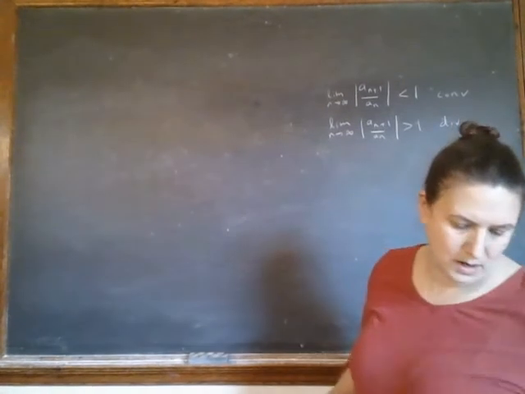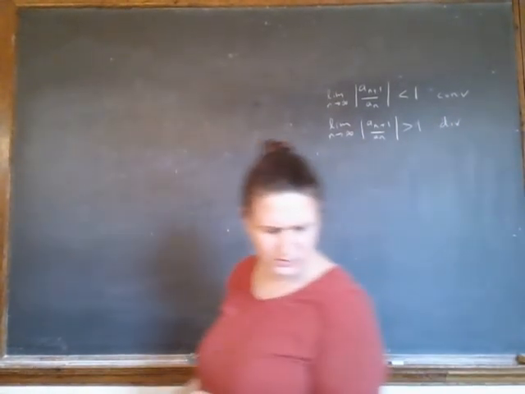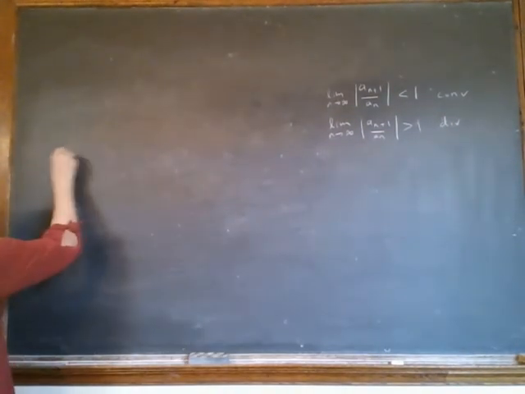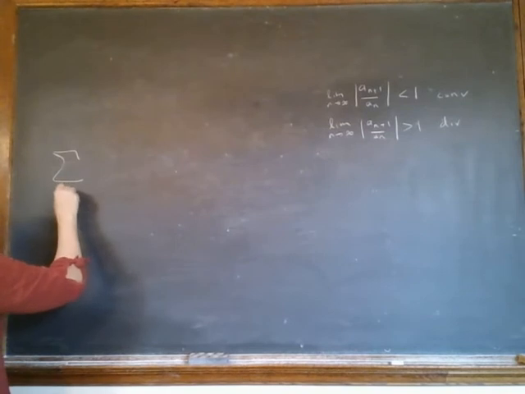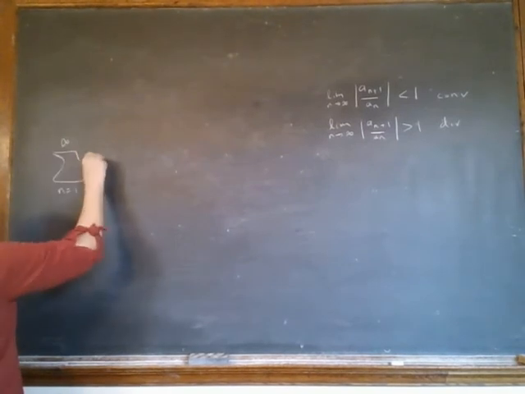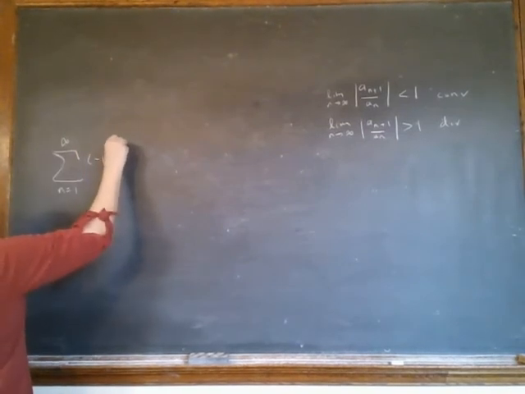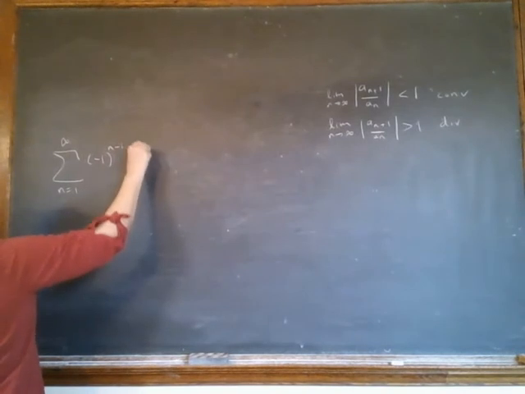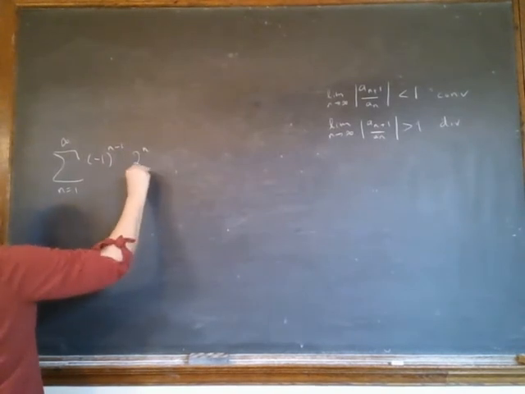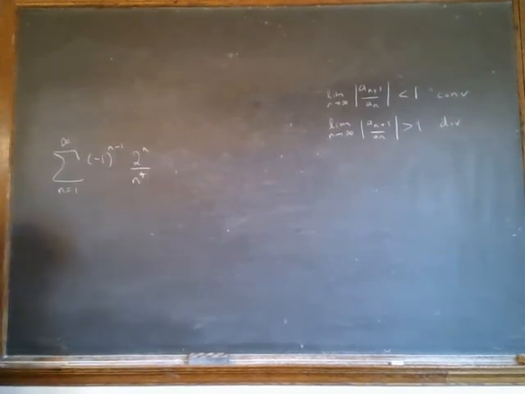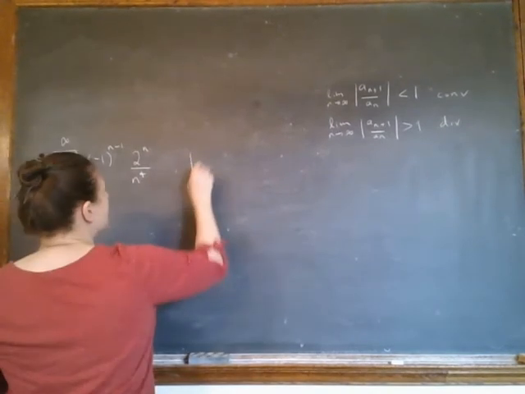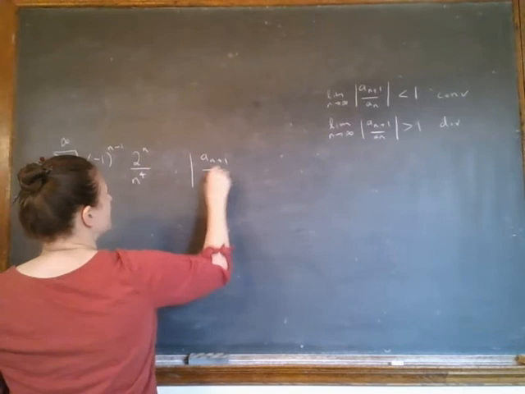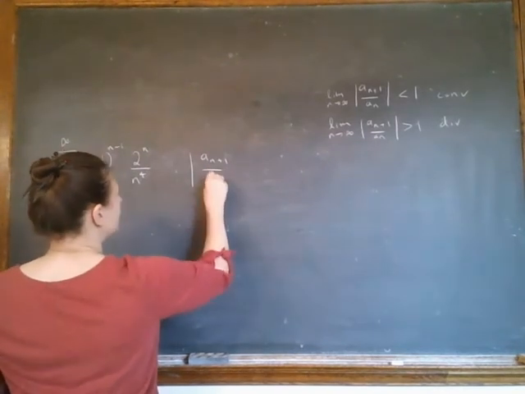So, this one, let's do this one. This one also has a minus 1 in it. Okay. So, I'm just going to write down a_(n+1) over a_n here.